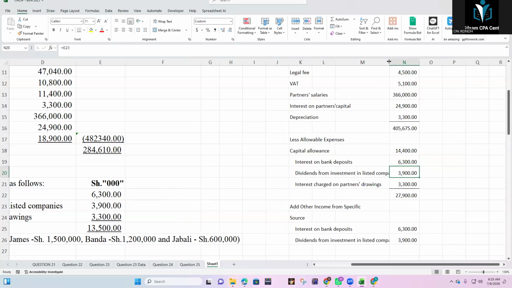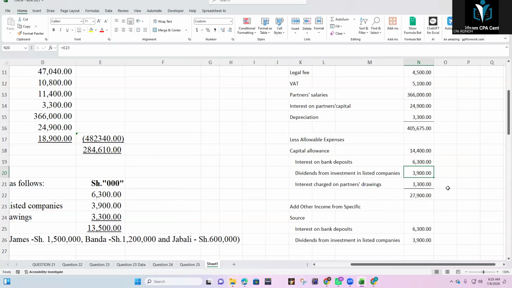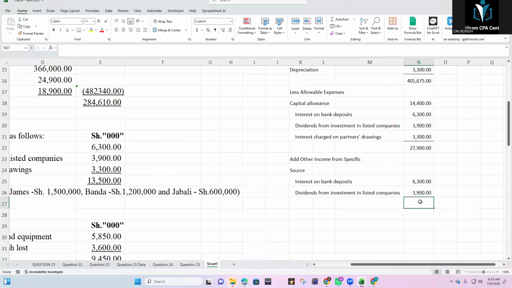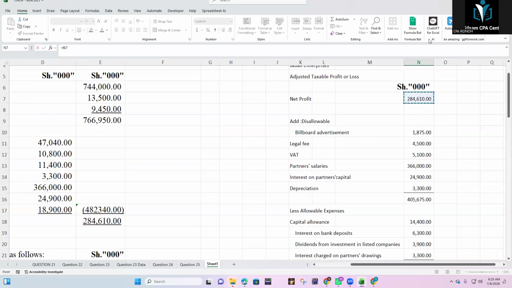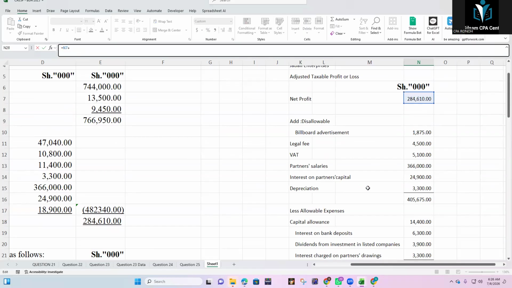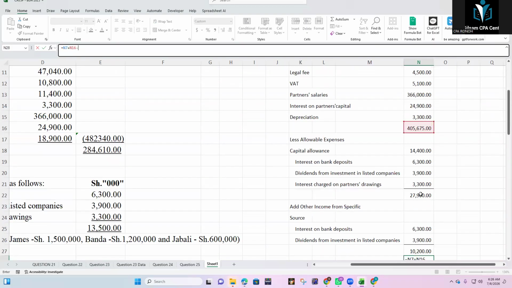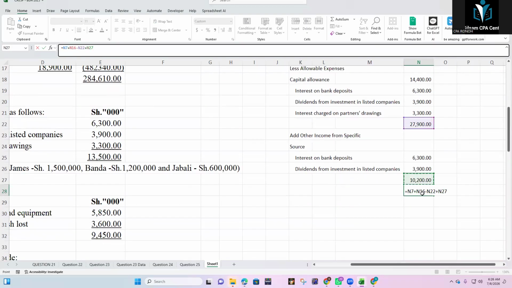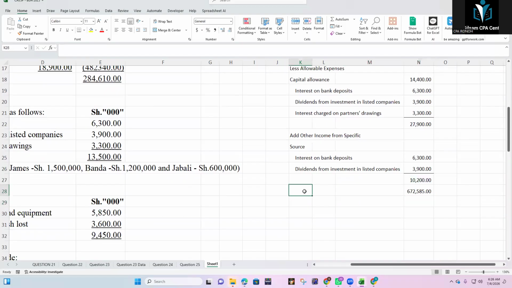Dividend, they charge 5% withholding. So if you get that, you also add back that. With this, we can get the adjusted profit. The adjusted profit, not the taxable, but adjusted profit. So adjusted profit will be this minus, plus this minus this plus this. So this is adjusted profit.